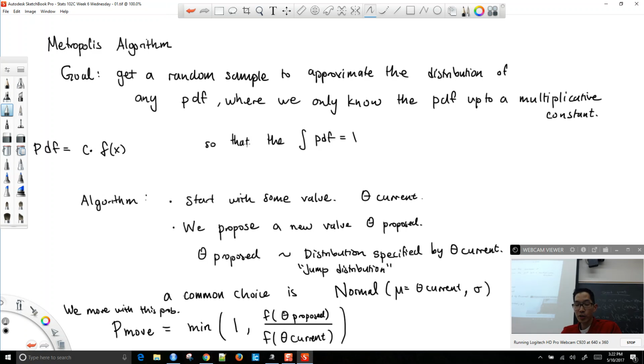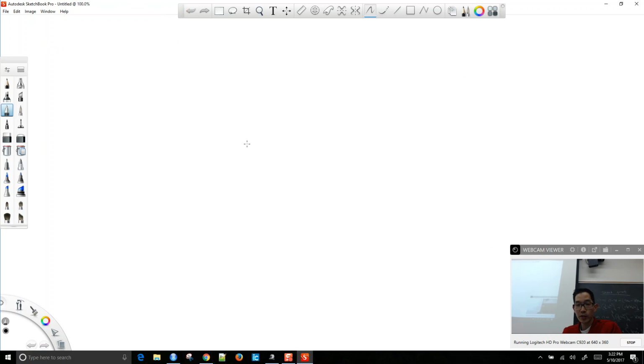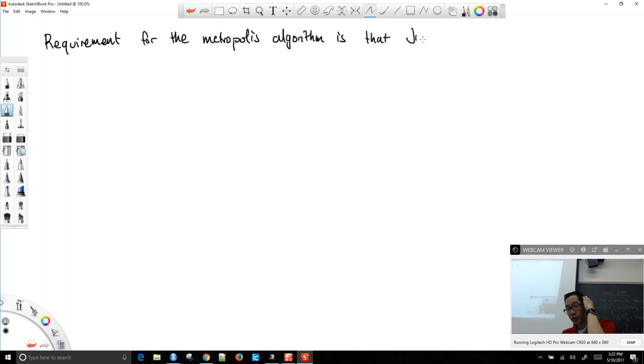Okay, so that's the Metropolis algorithm, and the requirement for the Metropolis algorithm is that the jump distribution is symmetric. What does that mean?